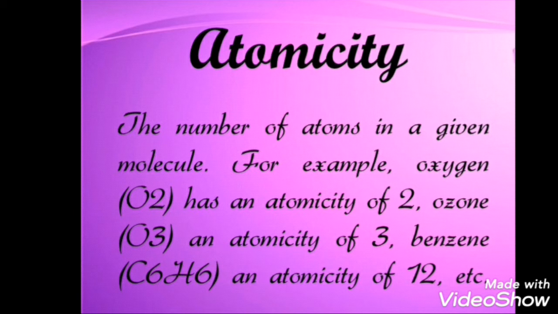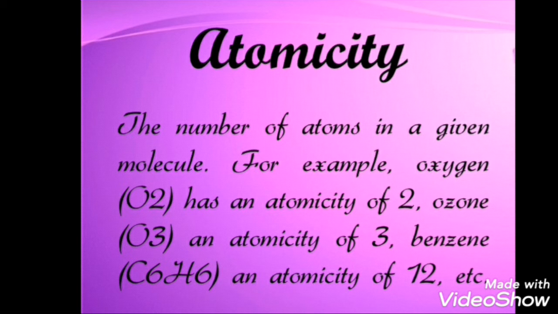What is atomicity? The number of atoms in a given molecule is atomicity. For example, O2 is the molecular formula for oxygen, which has an atomicity of 2. So the number of atoms in an oxygen molecule is 2. So the atomicity is 2.